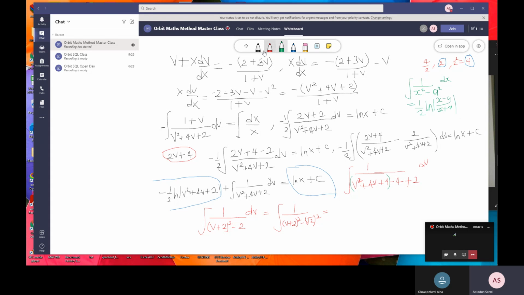So this is going to give us 1 over 2 ln of v plus 2 minus root 2 all over v plus 2 plus root 2. And that's that. Do you understand?